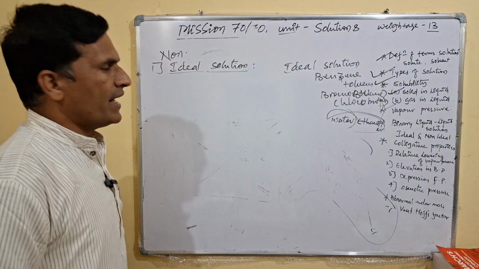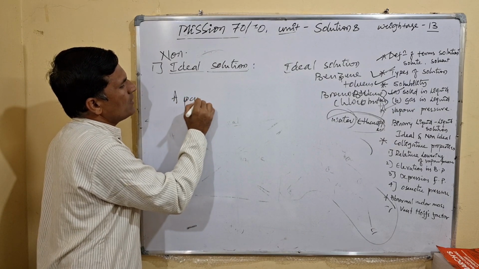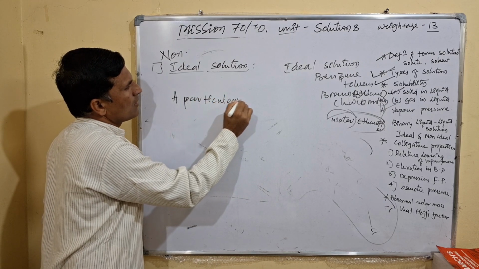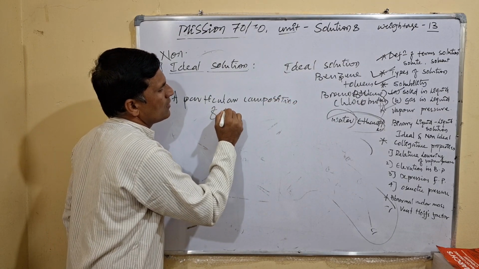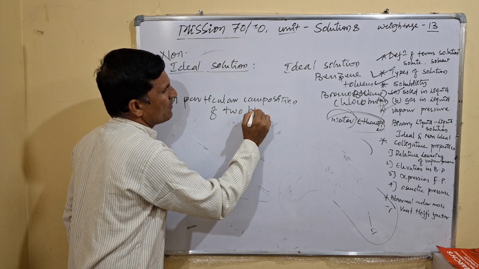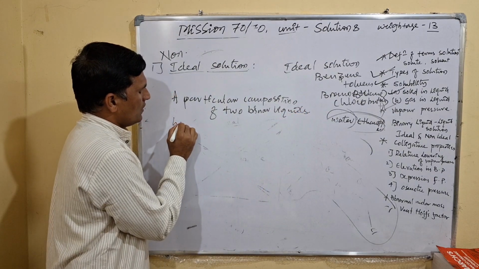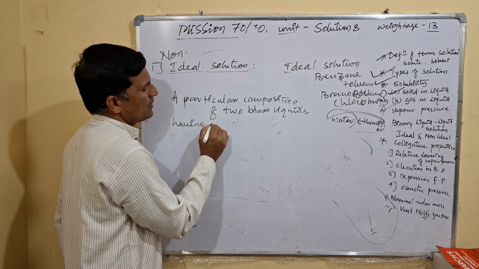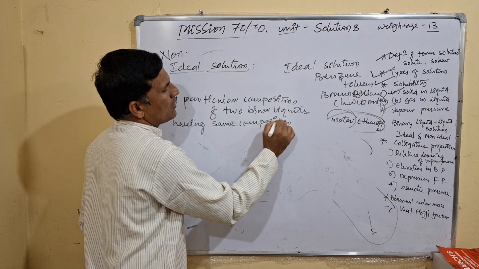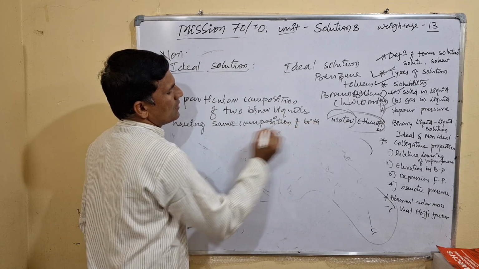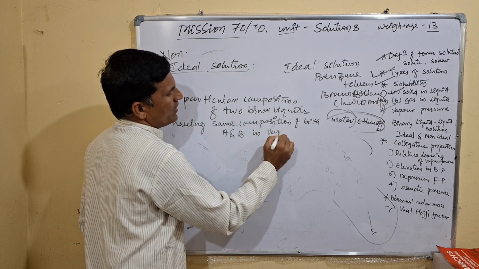So they boil at a particular composition of two binary liquids having the same composition of both A and B in vapor phase.